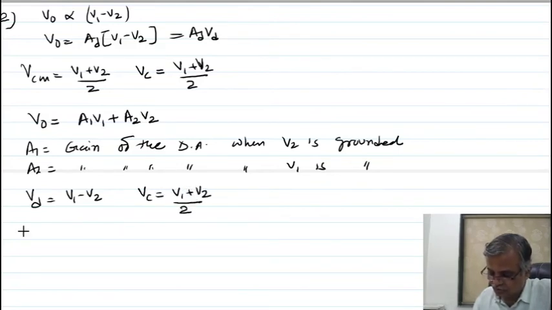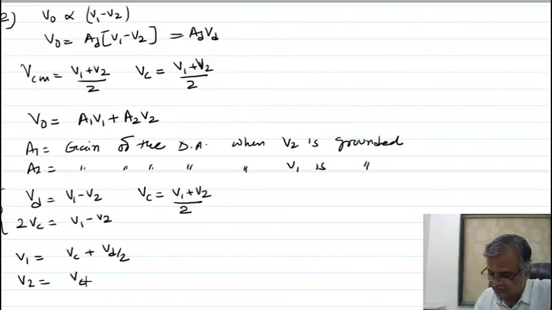So I can write 2VC is equal to V1 plus V2. From these two I can write V1 is nothing but VC plus VD by 2 and V2 is VC minus VD by 2.